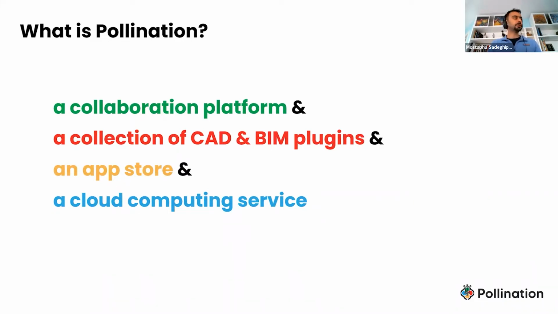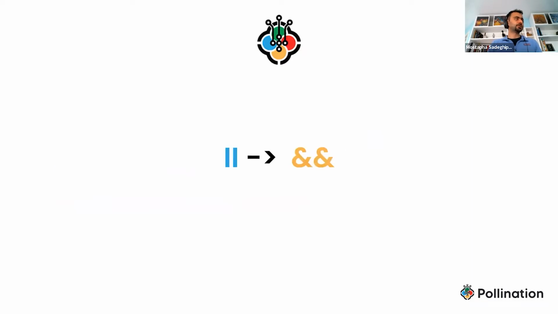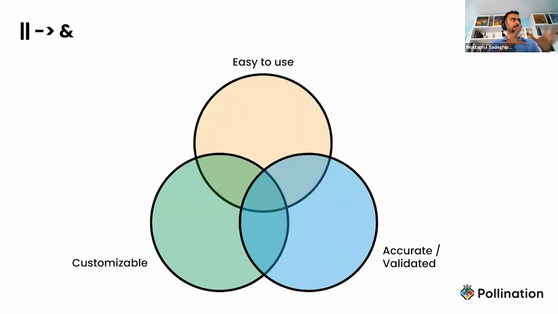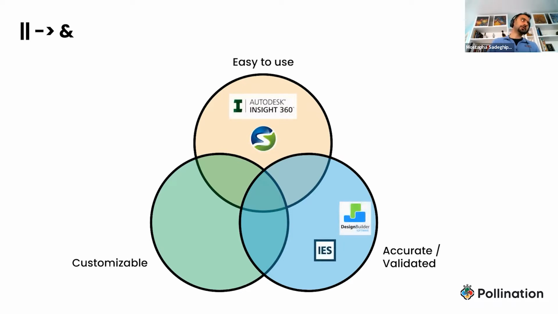And the reason we had to do it like this is because we are trying to end this kind of question of having to select something that is easy to use, or validated and accurate, or customizable. We want to offer solutions that are customizable and accurate and easy to use. And that's where pollination comes in the middle.